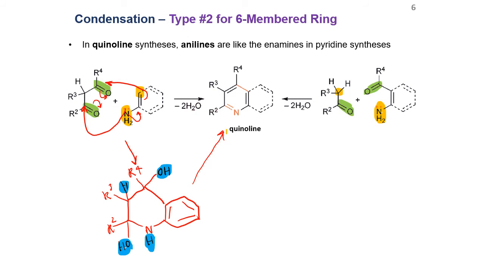So this nitrogen can attack the carbonyl group, and this carbonyl compound can form the enol or enolate. So this carbon can attack this carbonyl group. You can try to draw the mechanisms by yourself, but eventually you are going to form this new bond and this new bond for the quinoline synthesis.